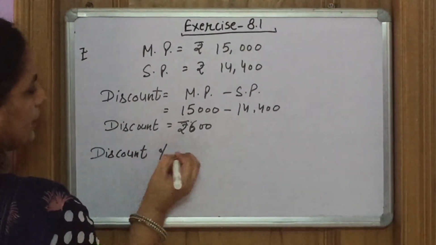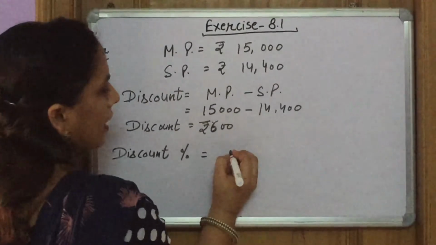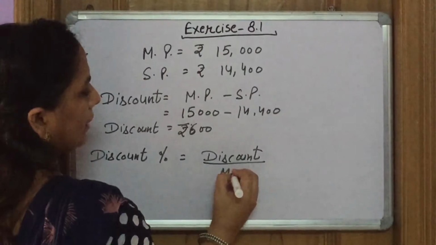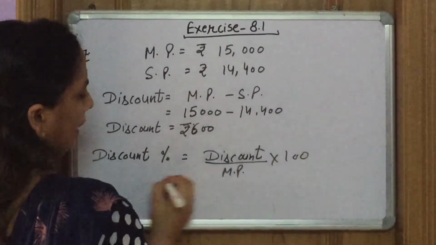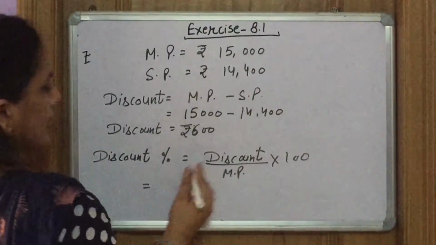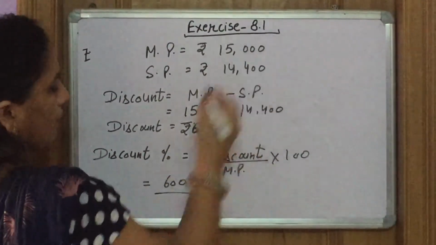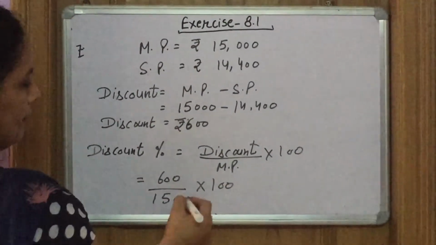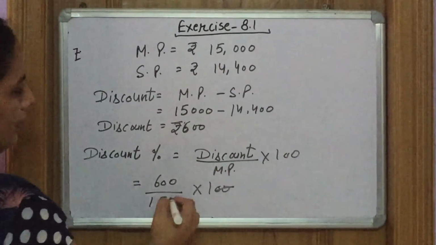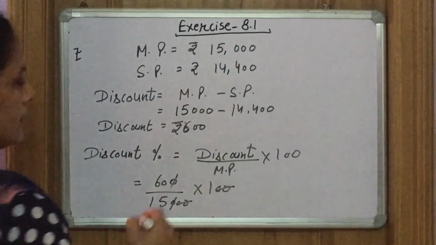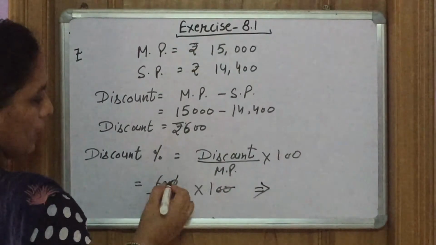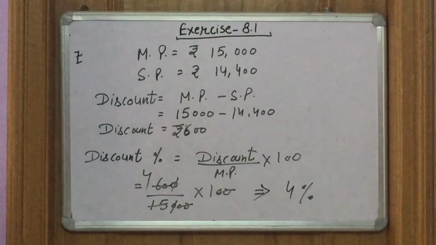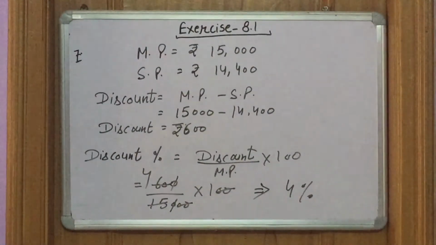Discount percentage formula is discount divided by mark price and multiply by 100. Put the values. Discount is 600 divided by 15,000 and multiply by 100. We can cancel out 20 from 100 and 10 from 600, and we can also cancel these two terms. So discount percentage is 4%.